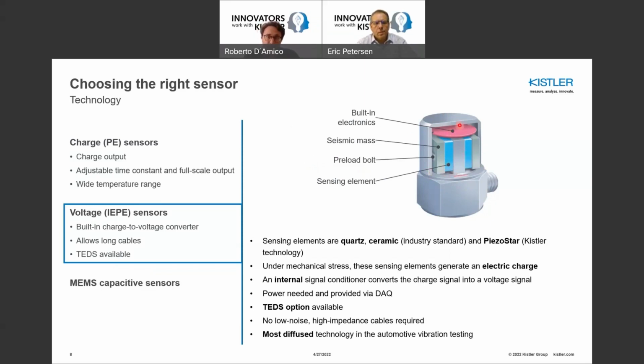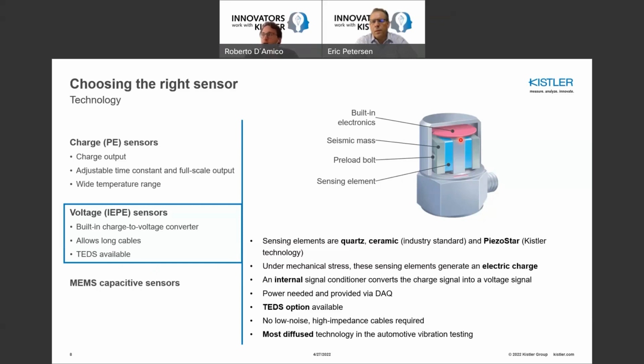An advantage, however, of this construction is that you can also store information regarding the sensor within the electronics itself. So you basically have the so-called TEDs, which will allow you to keep the sensitivity in there. And if you have 50, 100 sensors for your test, so a lot of them, and you want to import with the click of your mouse all the sensitivities for these sensors, you can easily do that with TEDs.